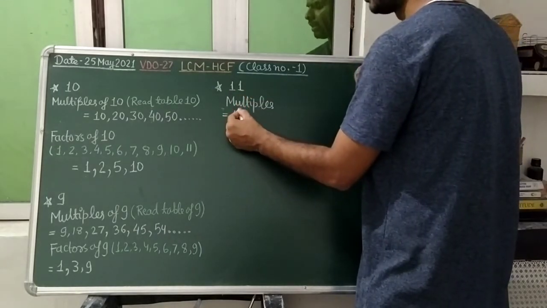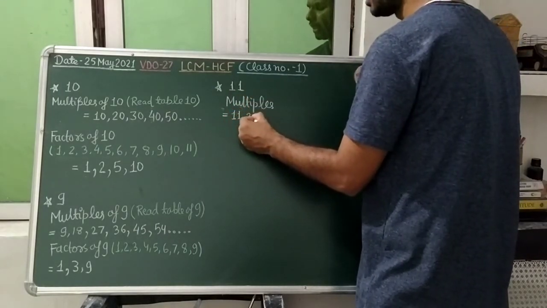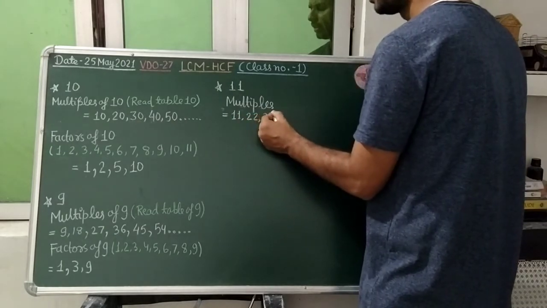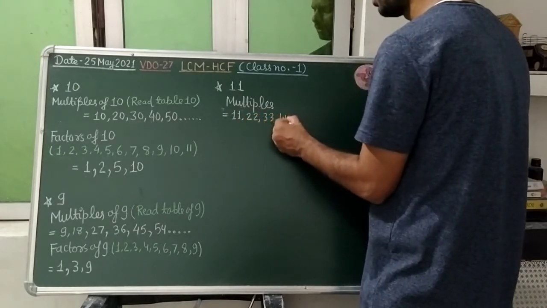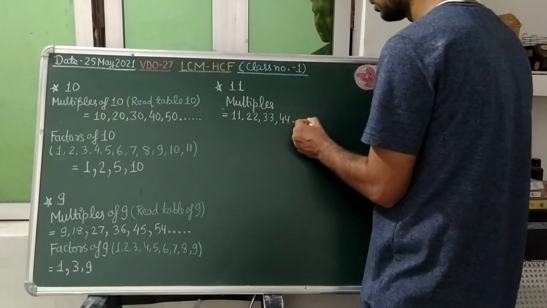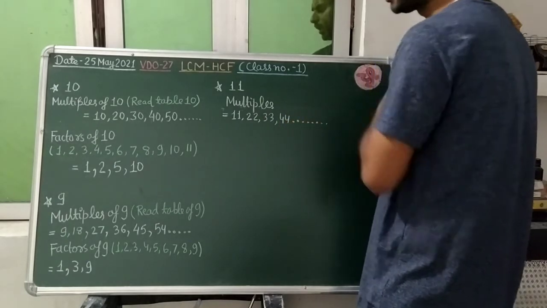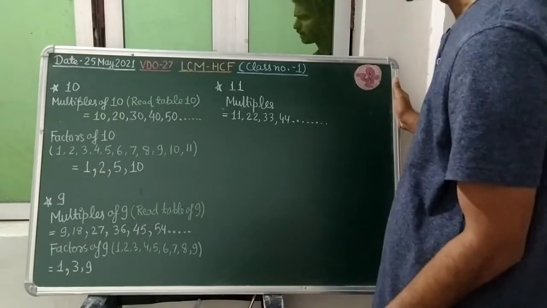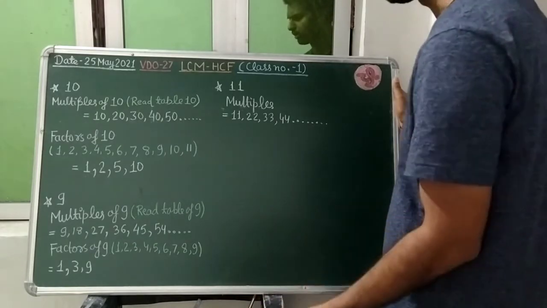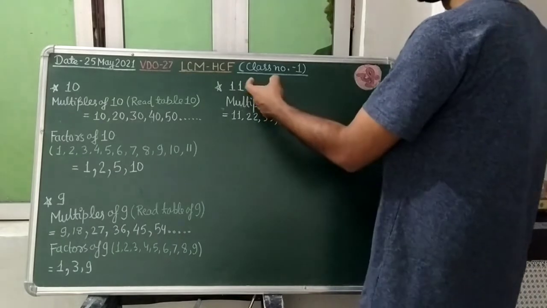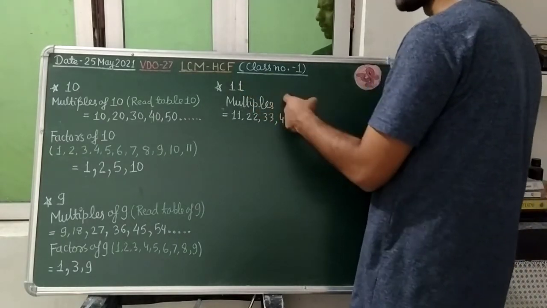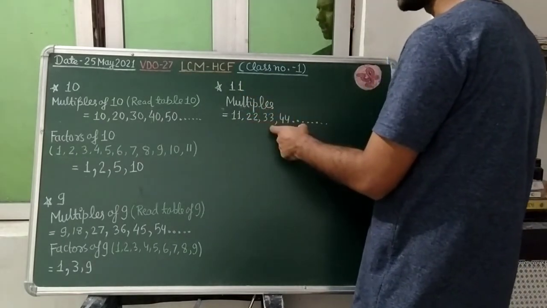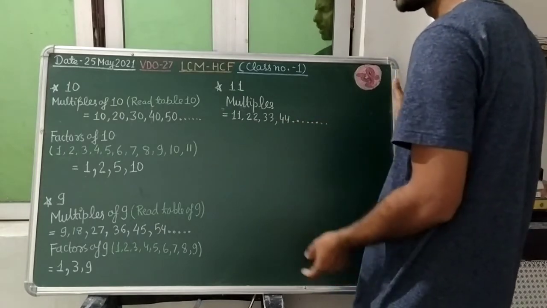11 1 is 11, 11 2 is 22, 11 3 is 33, 11 4 is 44, like it will go on up to infinity, as the multiples of any number will be unlimited, but factors will be limited. So the multiples of 11 will be 11, 22, 33, 44, meaning what, students?